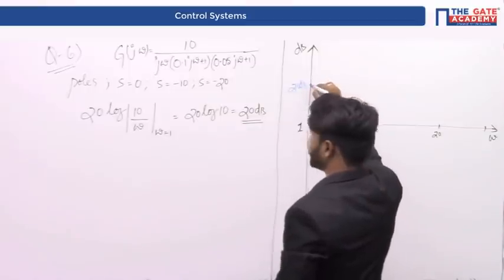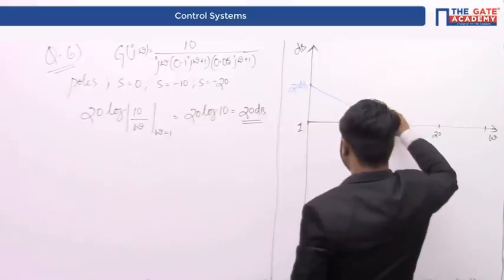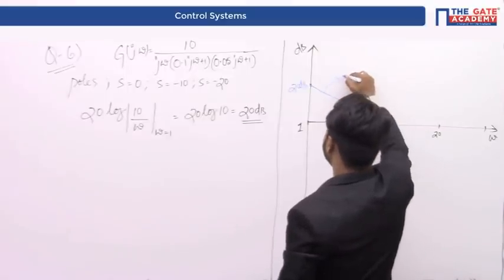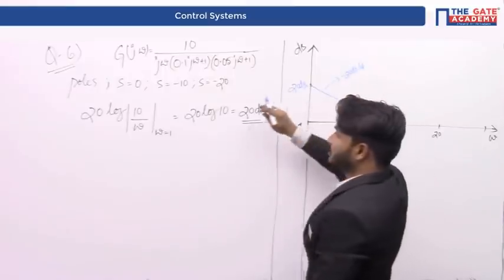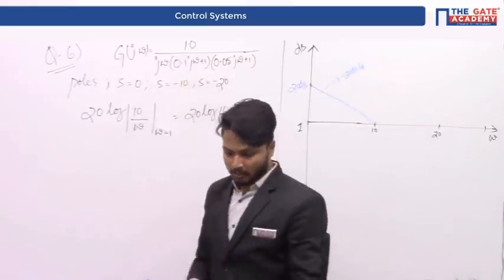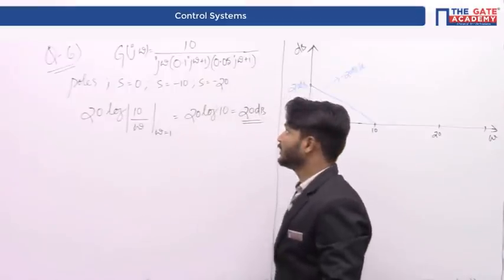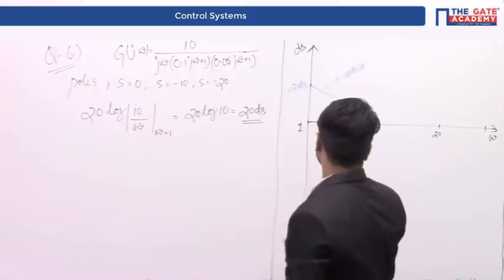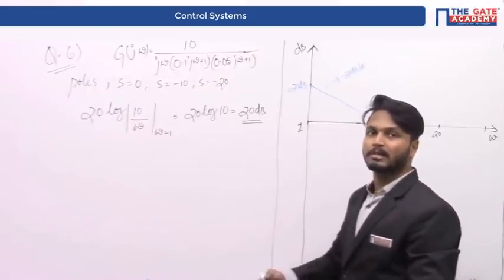And from here, the plot is going to decay at a rate of minus 20 dB per decade, just because it has a pole at origin. Therefore, the initial slope of the plot is going to be minus 20 dB per decade. At 10 radian per second, it is going to encounter another pole.